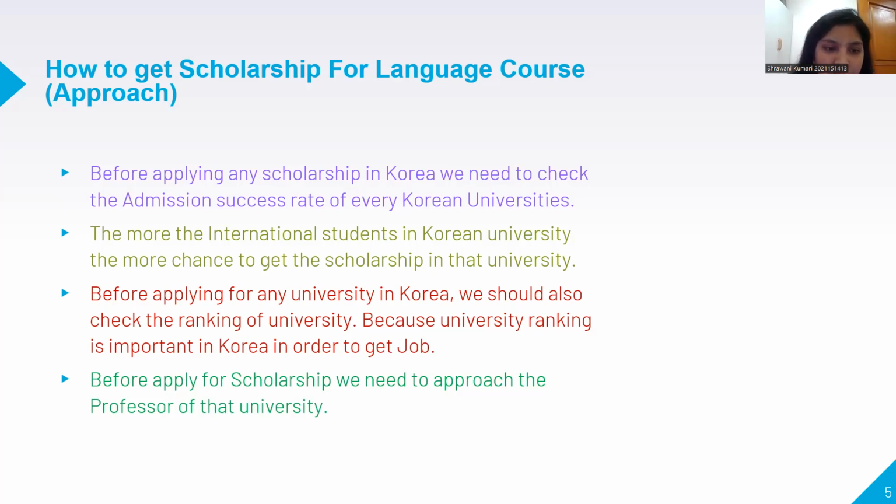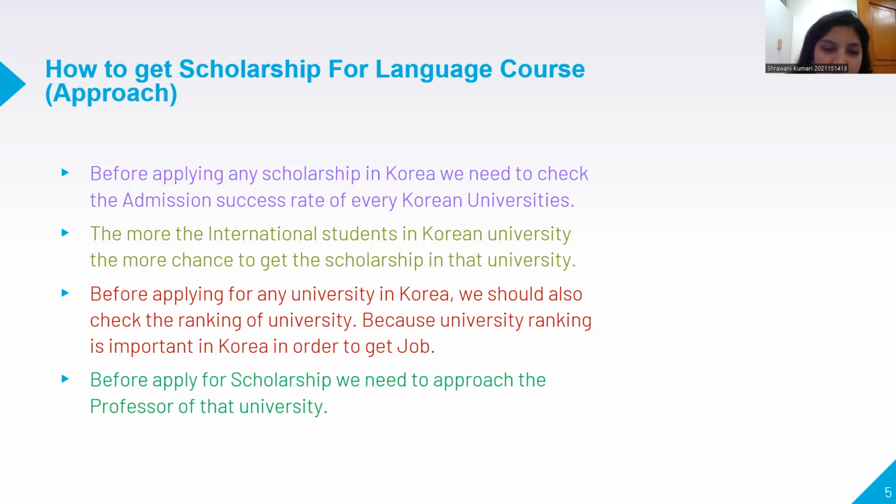The second point is, the more international students in Korean universities, the more chances to get the scholarship in that university. For example, as we all know, Hanyang is famous for international students. So Hanyang gives preference to international students as compared to native Koreans.